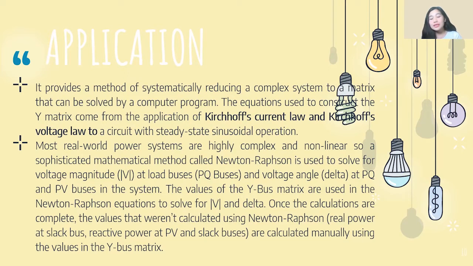Because real-world power systems are nonlinear and highly complex, we have to use Newton-Raphson as our step 1 and then go to a simpler method, which is the Y-bus admittance method. So that is the real life application of the Y-bus.